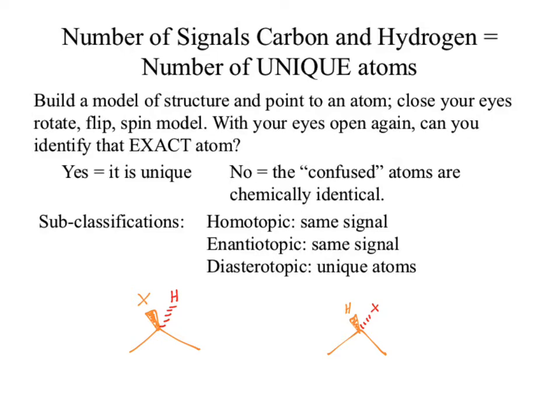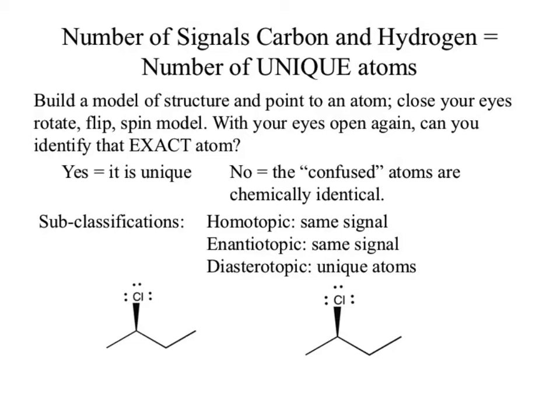Okay. What is an enantiotopic? Well, for an enantiotopic, I now go through and take a look at this structure. And I want to decide between these 2 hydrogens. So I'm going to make one X, and the other one I'll make X. What is the relationship now between these 2 structures?